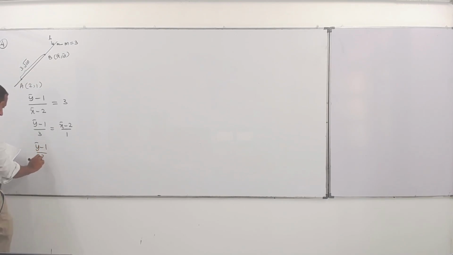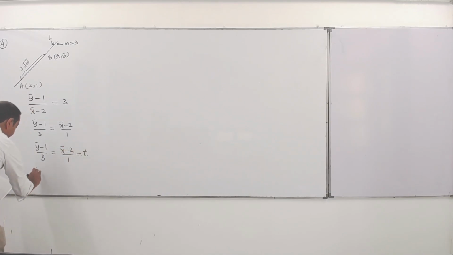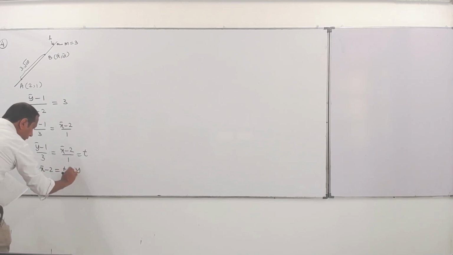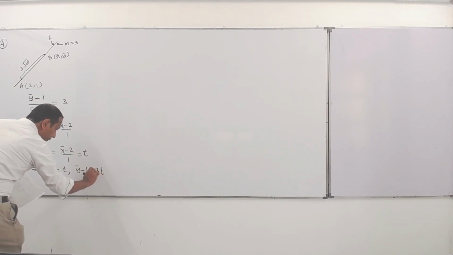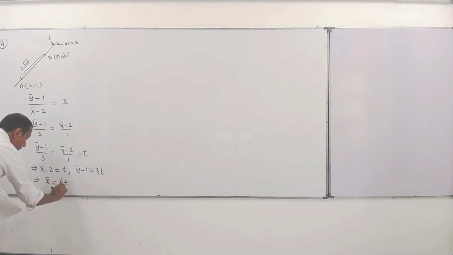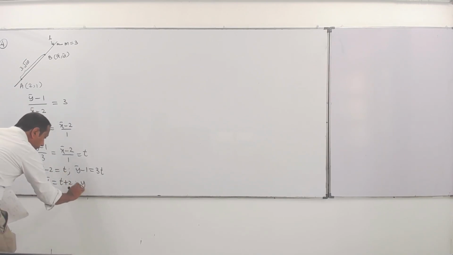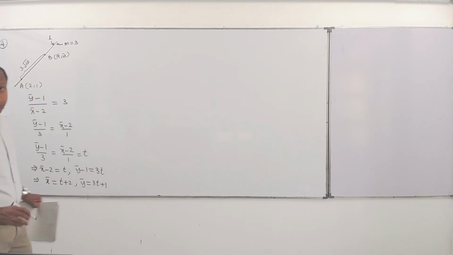Next step, I write introducing a parameter t here. Then I can equate this to t, x bar minus 2 equals t, y bar minus 1 equals 3t, using cross multiplication. Right, so then we can make x bar the subject: t plus 2, y bar: 3t plus 1. This way, x bar, y bar you can express.